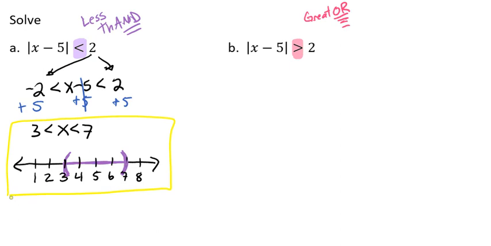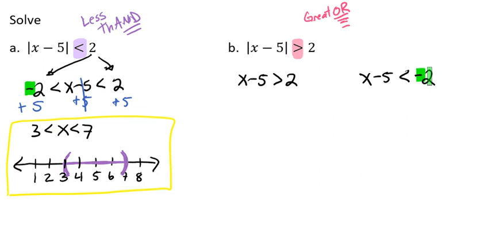Let's go ahead and venture over to example B and figure out what we would do for this "or." So here we have the absolute value of x minus 5 is greater than 2. So we're going to take our x minus 5 and say, yep, that's greater than 2. But we also have to say that x minus 5 could be less than negative 2. So notice that each time we had to add that negative 2 in.